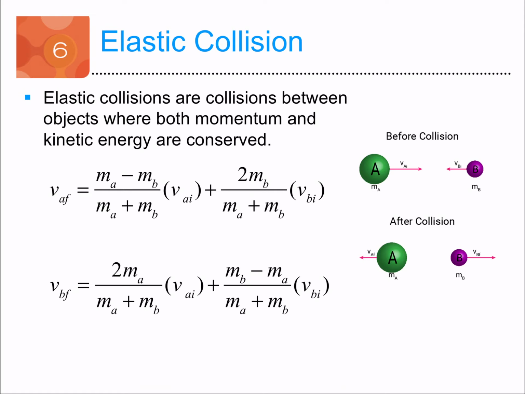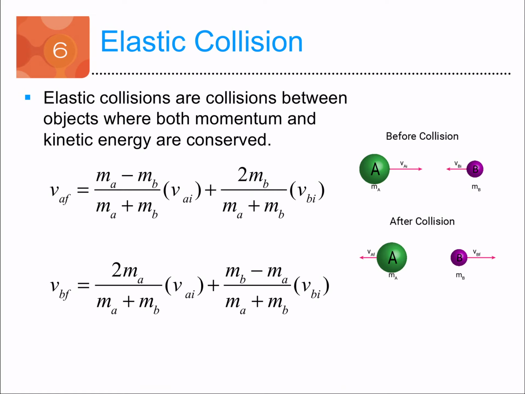Which brings us to our first type of collision we can have, and that is an elastic collision. In this case, we have two objects whose momentum and kinetic energy are conserved. As you can see by the pictures on the right, they are going to approach each other, collide, and notice how they bounce away from each other.